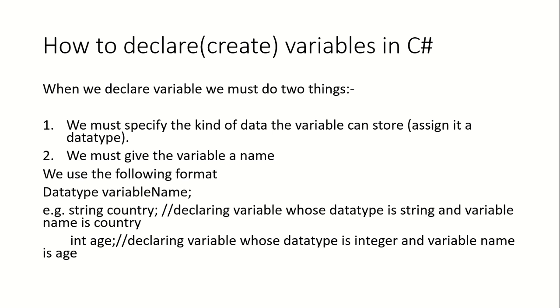Here we have just declared a variable whose data type is string and the variable name is what? Country. Second example, int age, semicolon. In this second example, we've just declared a variable whose data type is integer and the name of the variable is age.